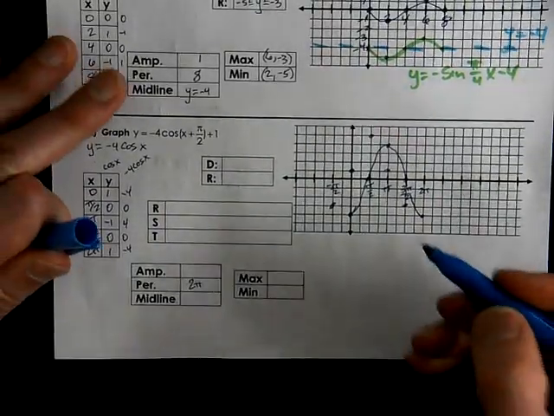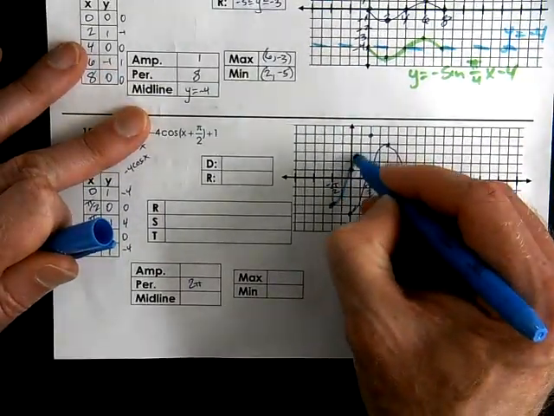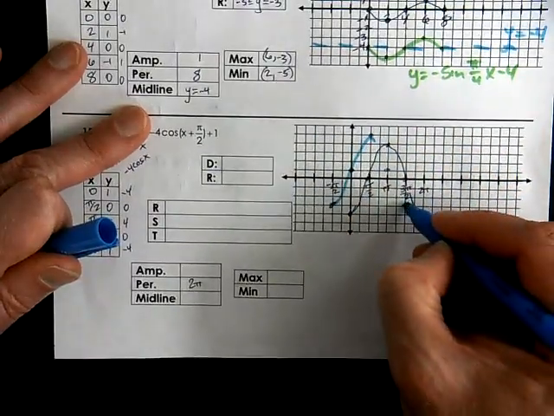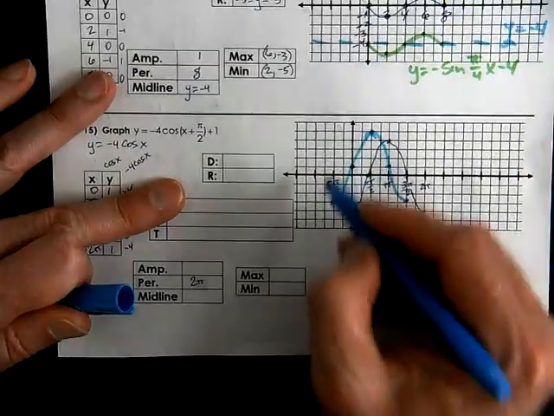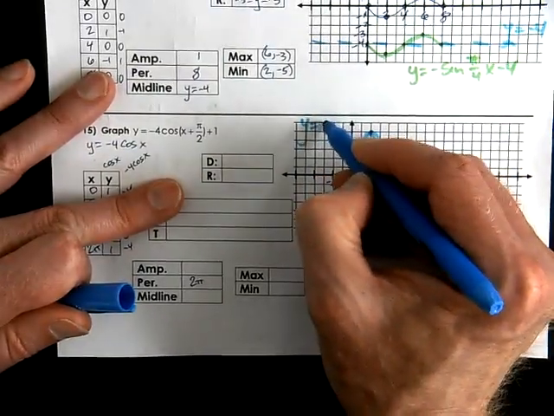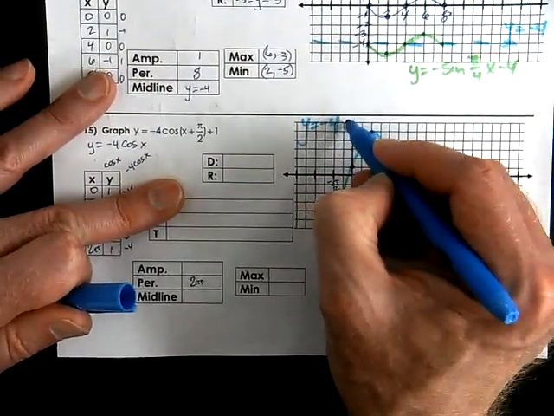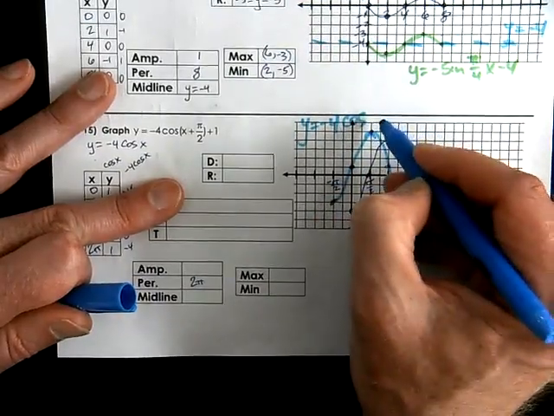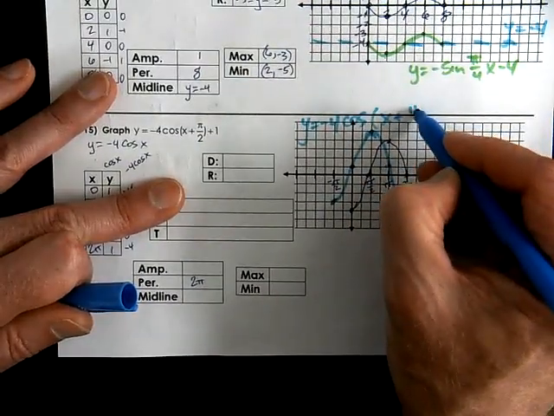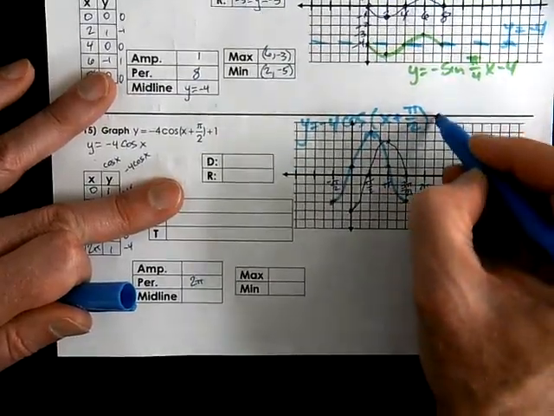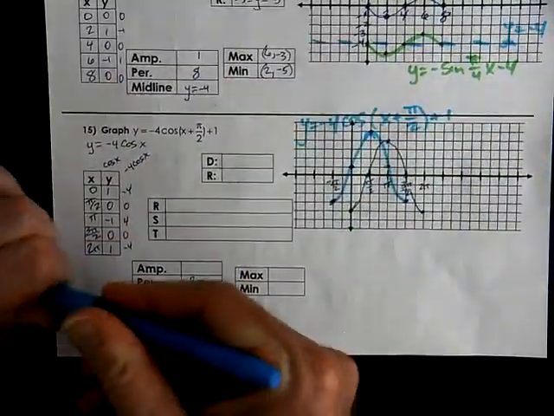And I like to do that in a different color. Try to draw it best you can. So this graph is y equals negative 4 cosine x plus, meaning to the left, pi over 2, and then positive 1.